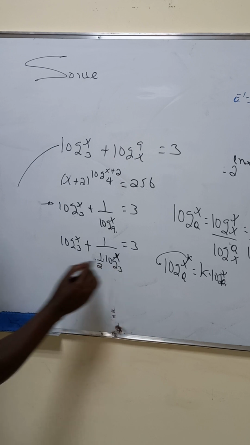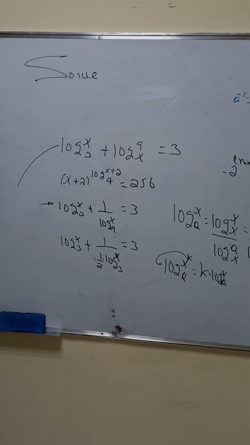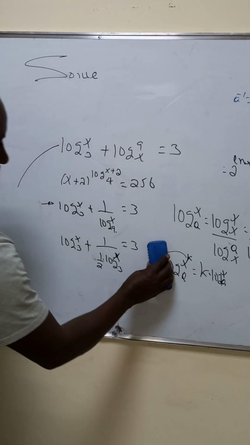This is 3, sorry. What did I do here? Let me just explain this one, what this means.